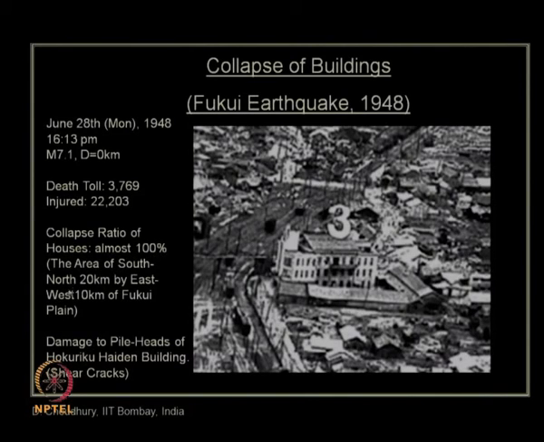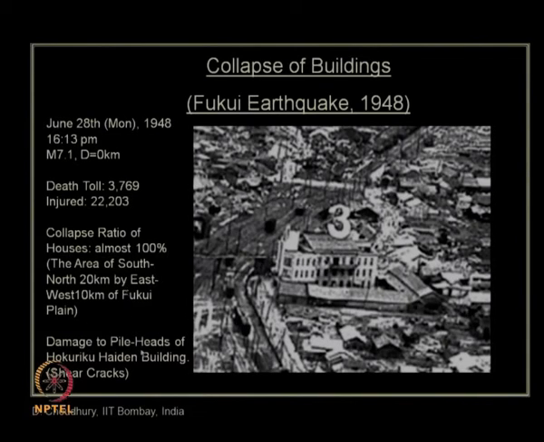The area was 20 kilometers south-north by 10 kilometers east-west of the Fukui plain. So from this epicentral point, these are the distances, 20 kilometers in the south-north direction and 10 kilometers in the east-west direction, and in the entire area all the houses, 100%, collapsed due to the earthquake.